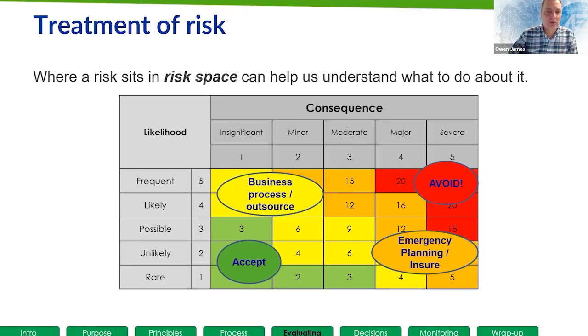Things that are down in the bottom right-hand corner here, and notice I've got likelihood up the side and consequence along the horizontal, these are the rare events. So you might not want to build something right now, but you might want to put in some emergency procedures or planning procedures, or you might want to think about some insurance protocols for some of these unlikely but high consequence type events.